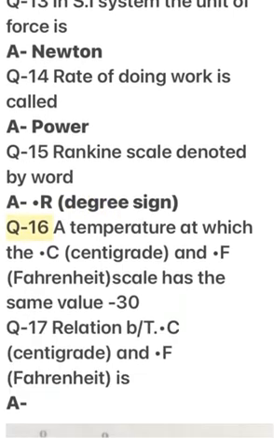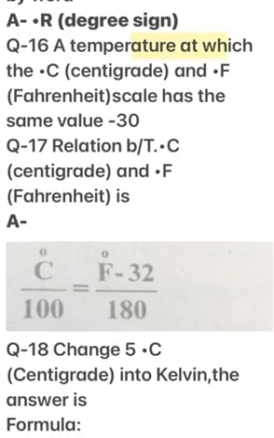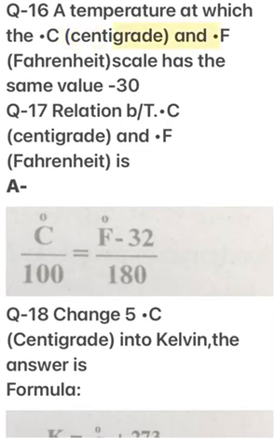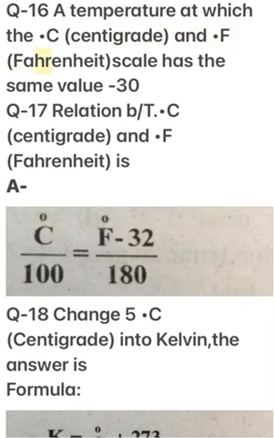Q16. A temperature at which the centigrade and Fahrenheit scales have the same value is minus 40. Q17. Relation between centigrade and Fahrenheit is A. Q18. Change 5 degrees centigrade into Kelvin.